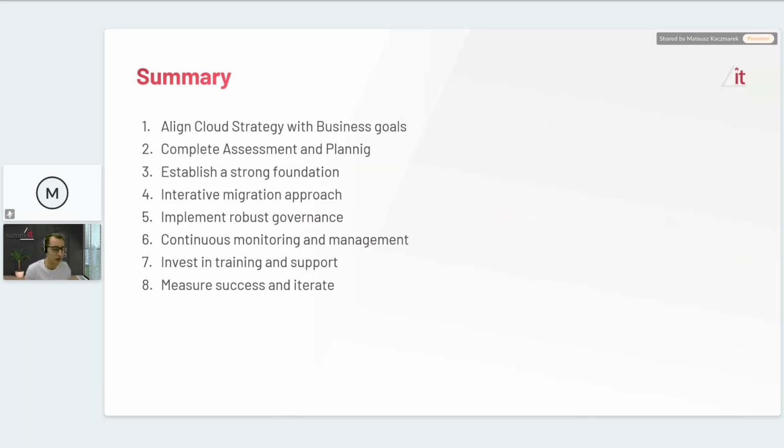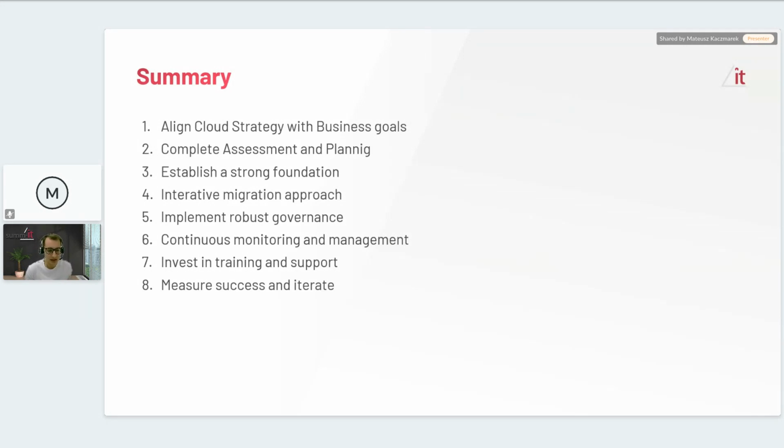It is also crucial to define our motivations and desired outcomes, and it will guide us through the entire adoption process. Second one, complete assessment and planning. Before diving into migration, conduct a detailed assessment of the current infrastructure. Identify which workloads are ready to move. Develop a clear migration roadmap which outlines timelines, resources, and any potential risks.